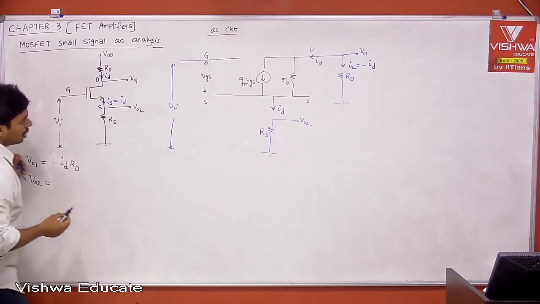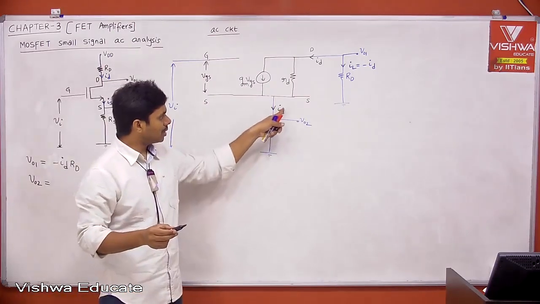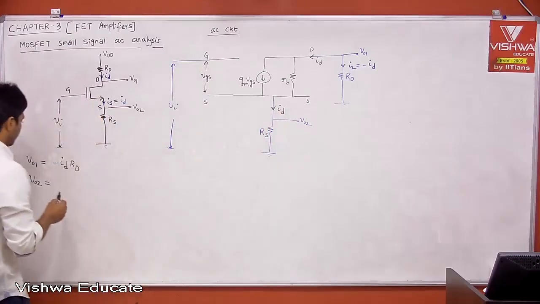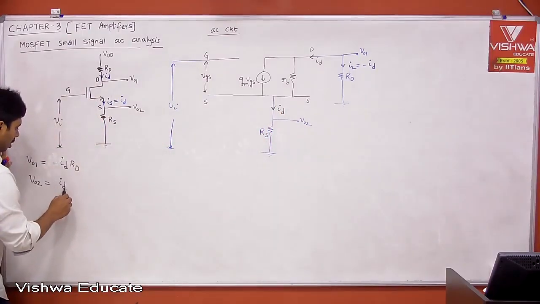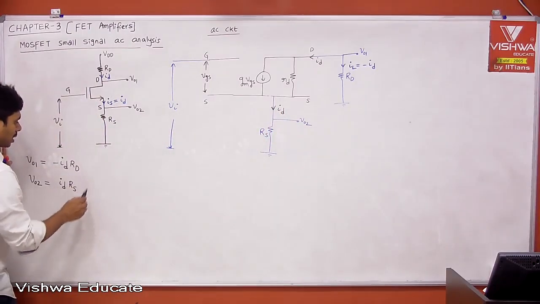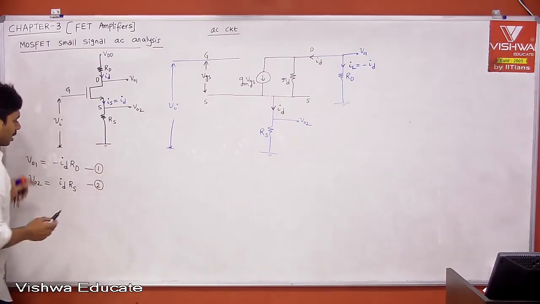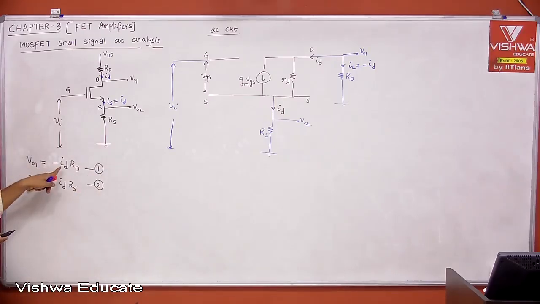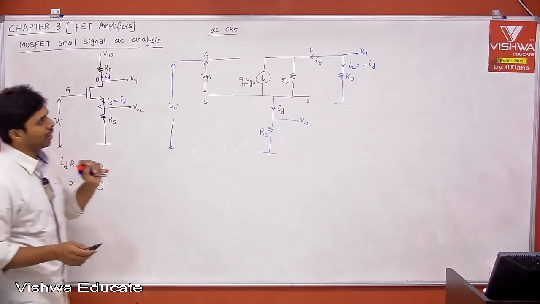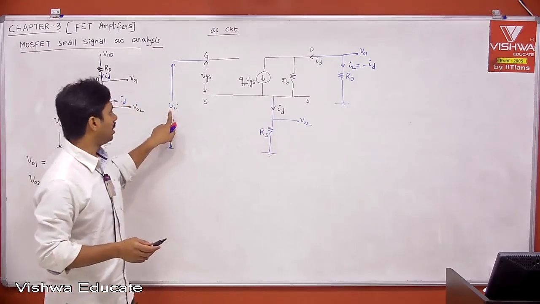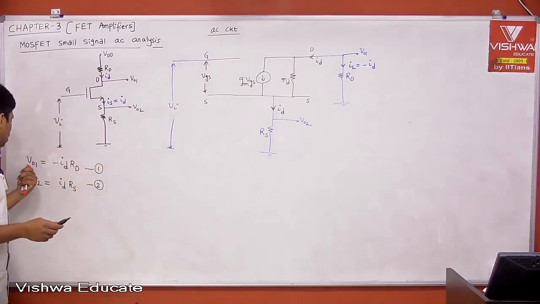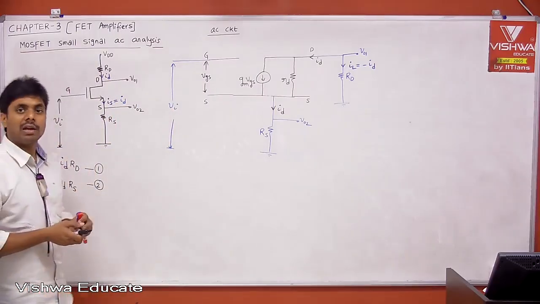V02 is nothing but the drop across RS, that is small ID into RS. Take this as equation 1 and equation 2. If we are able to find ID in terms of VI, then we will get V01 with respect to VI. That is our ultimate aim.